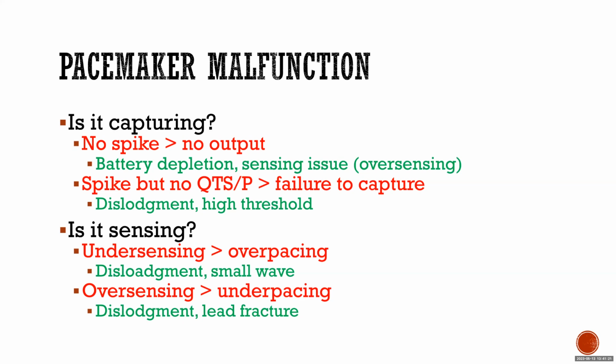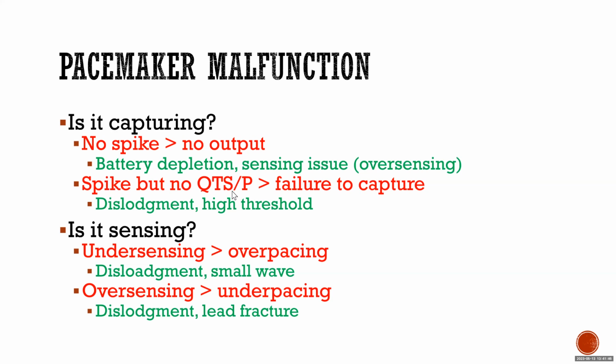The pacemaker thinks that there is no need to pace, so there's no spike. This is what we worry about, for example, in the OR. If there's electrocautery, the pacemaker will think that this electrical activity from electrocautery is intrinsic rhythm, and it will not pace. No spike, nothing. A flat line, and the pacemaker is not doing anything.